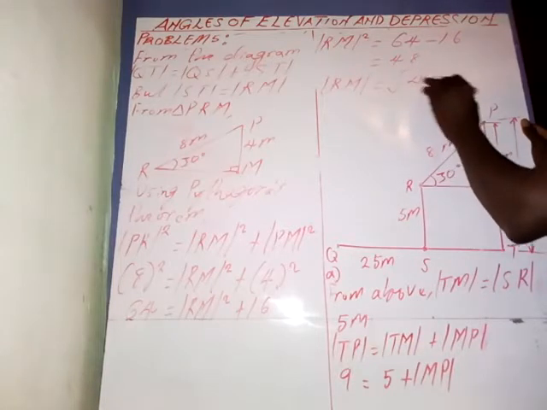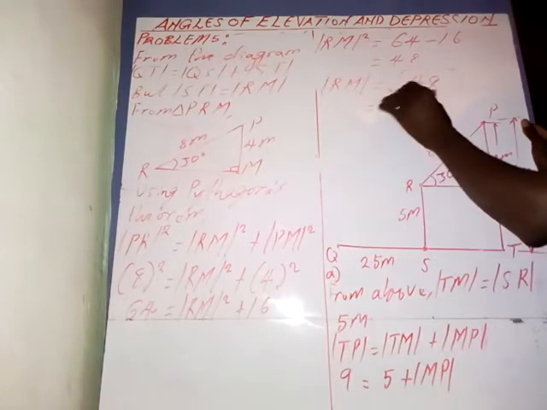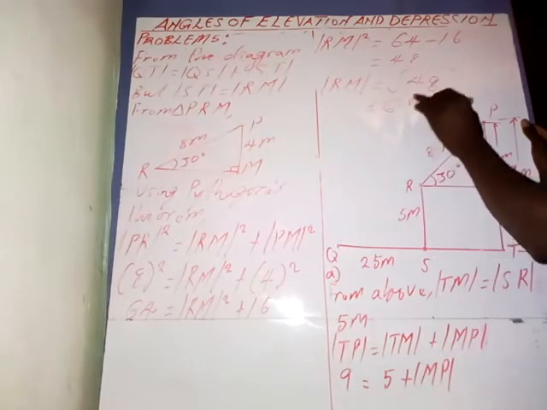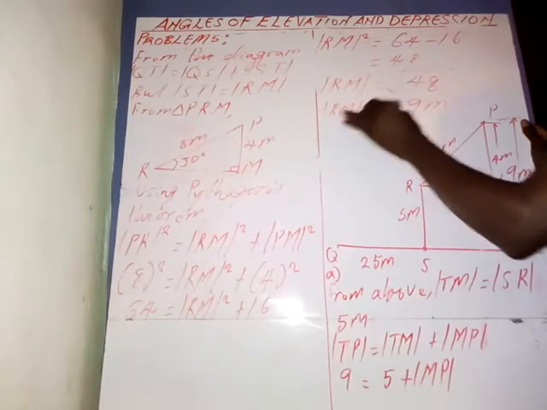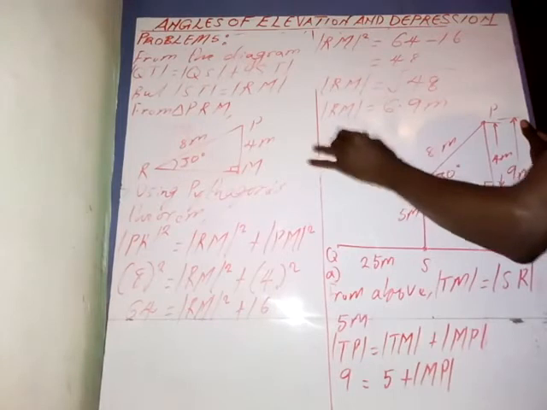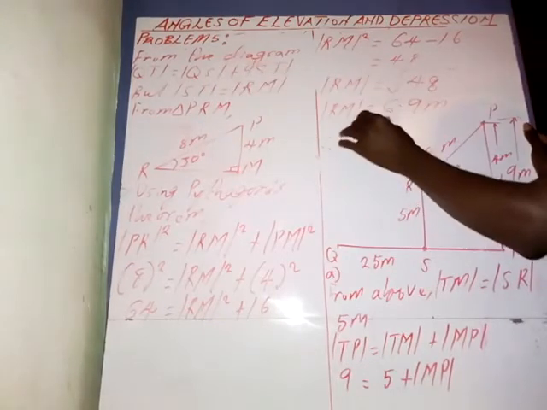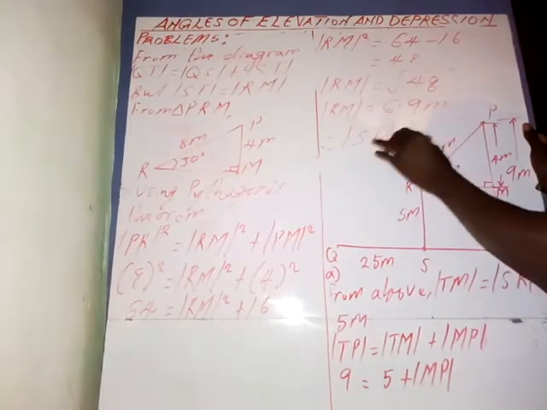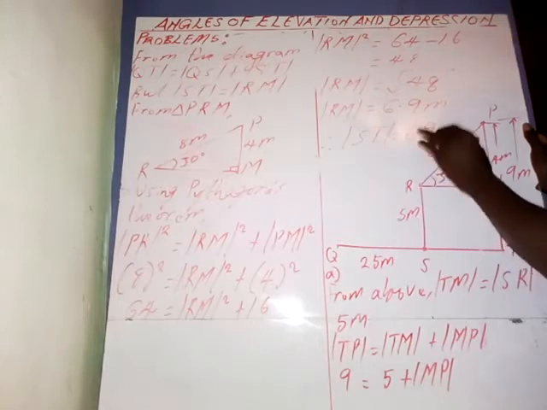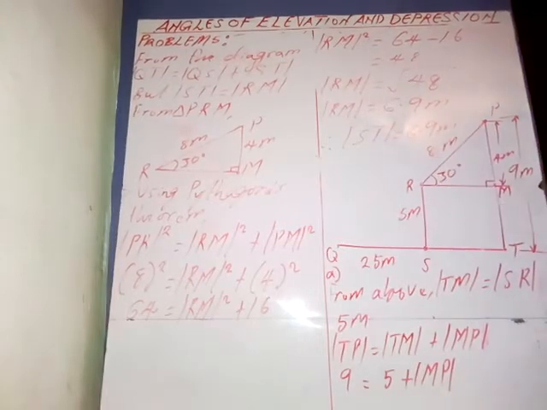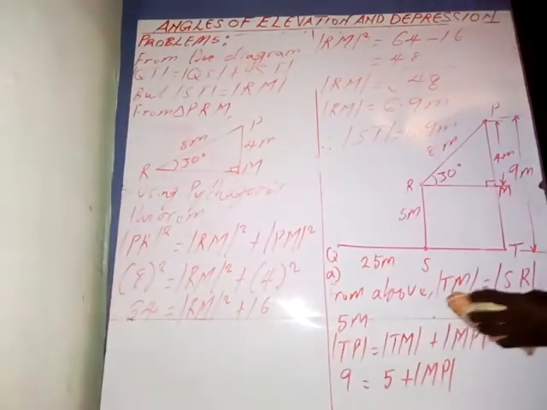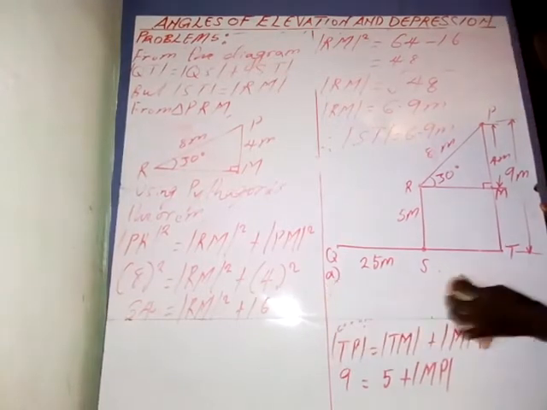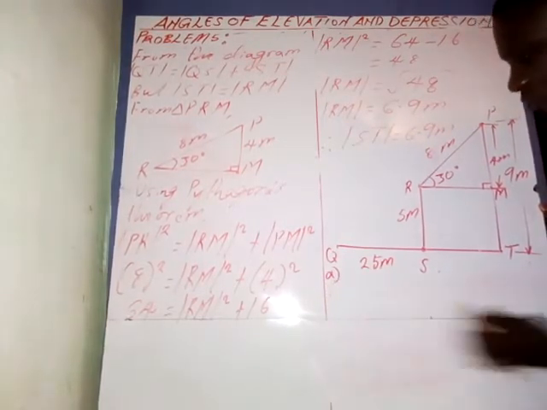Square root of 48 will give us 6.9 meters. So that is RM, 6.9 meters. Therefore ST is equal to 6.9 meters. Okay, now I believe this is clear to you. So let me rub off what we have here.